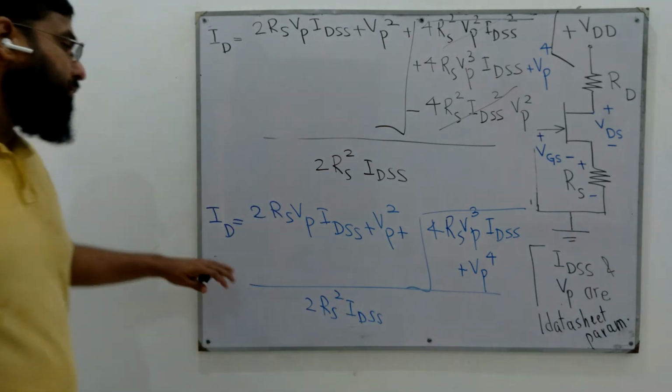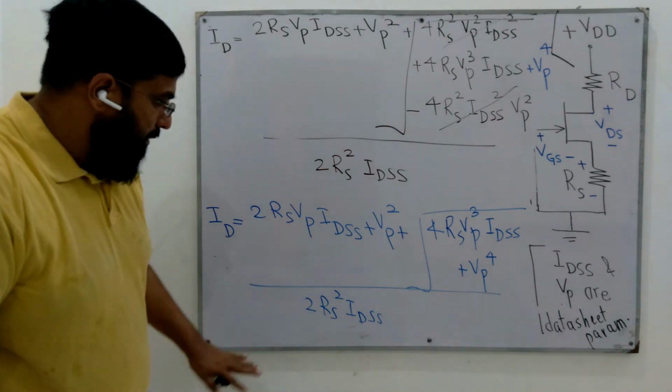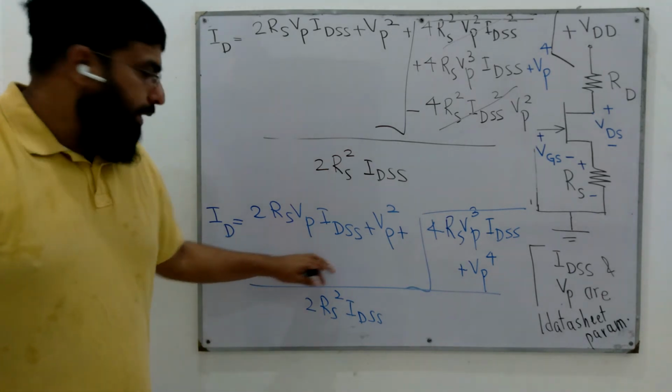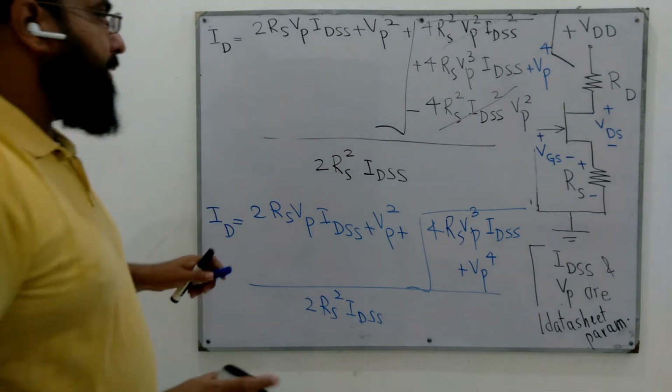So everything is known here except ID. We know RS, VP, and IDSS, so we can plug these values in to all the unknowns and find ID. This is how we can find ID here.